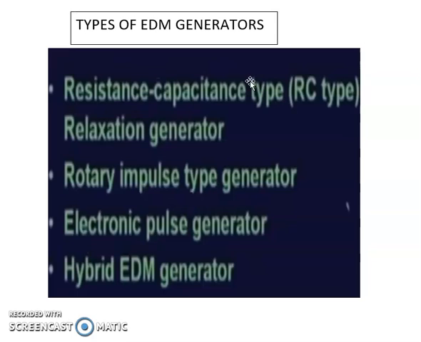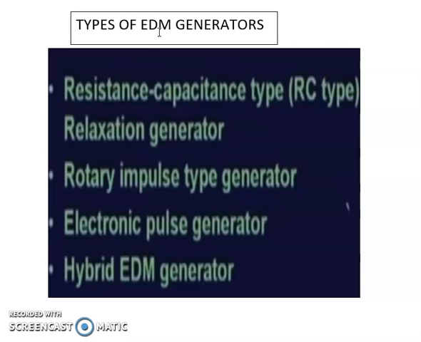Now let us discuss the types of the EDM generators. As we discussed, EDM is associated with the on time and off time. That means for a particular time, whether in milliseconds, microseconds or nanoseconds, the machining will be done, and for a particular time referred to as off time, the machining will not occur.